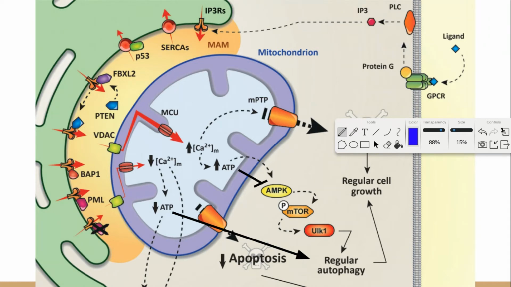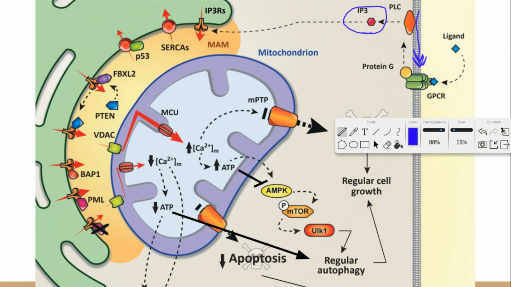PLC cleaves PIP2 into diacylglycerol. Diacylglycerol is hydrophobic, so it remains in the intramembrane space. It also creates IP3.